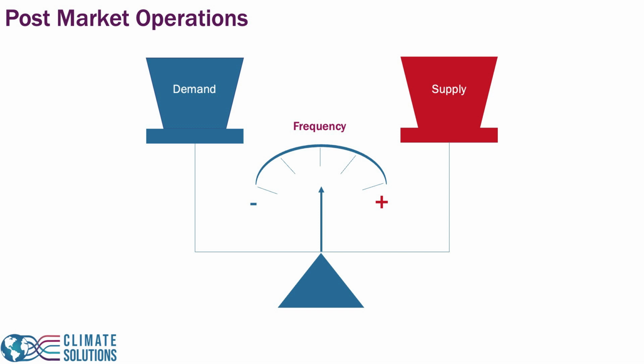This is the frequency modulation. You'll hear about this particularly when we talk about grid storage and batteries, which is why I bring it up now. This is an automated market that essentially measures whether supply is higher than demand by looking at the frequency of electricity. I mentioned before, when you turn on your vacuum cleaner, you might see a little dip in your lights for a second. What's actually happening there is that demand is outpacing supply.